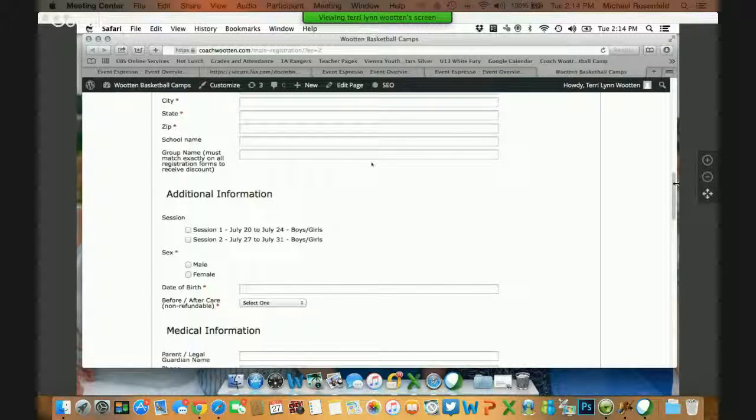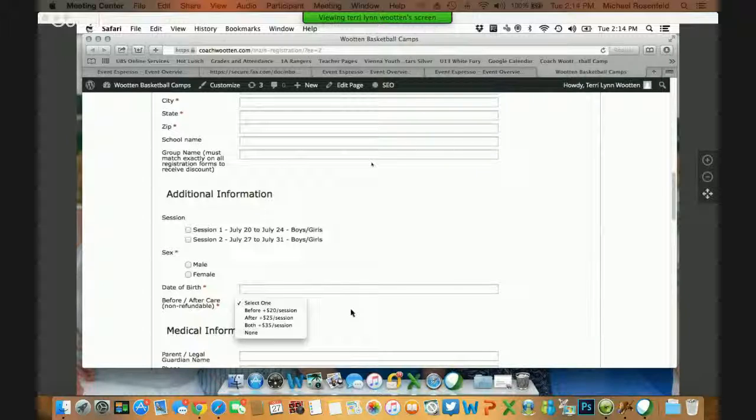Okay. And then the group name here works exactly the same, and I'll give you that discount. Sessions, they can choose one or both. The before and after care works just like transportation, but it needs to be per session.